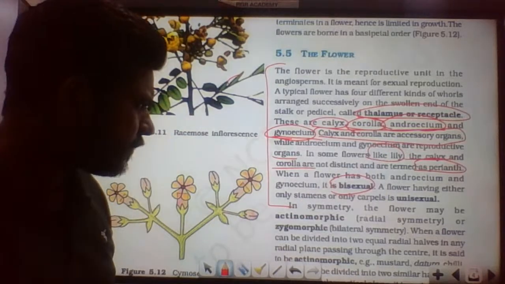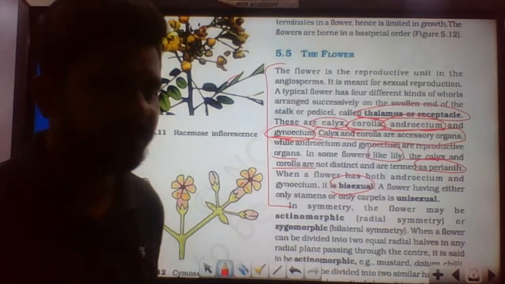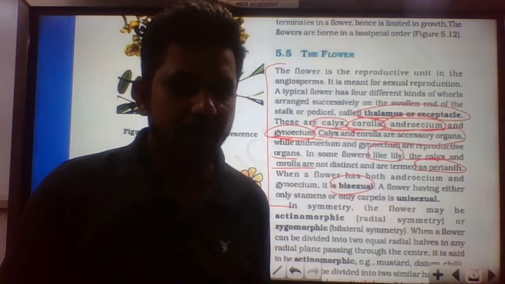Bisexual and unisexual classification is based on the reproductive organs which they have.